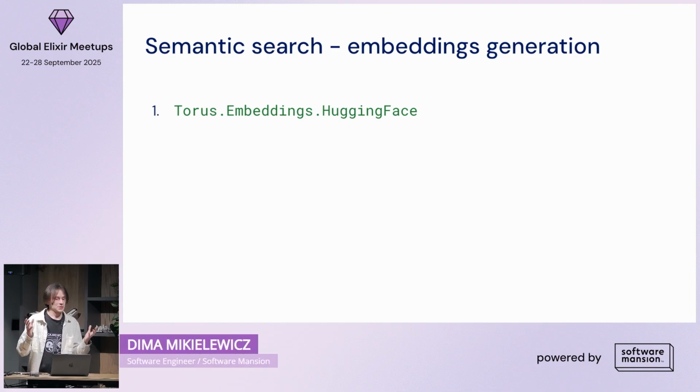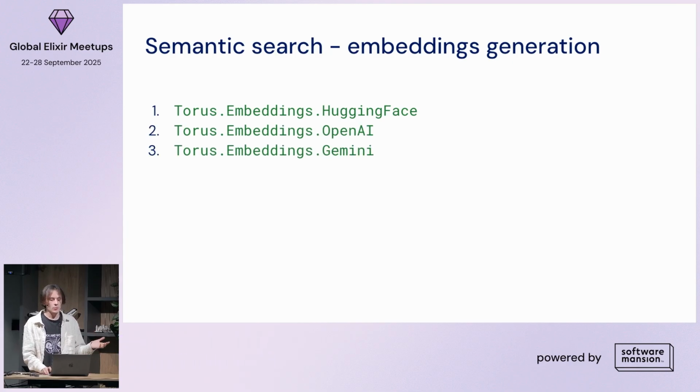One of the options might be to use some third-party APIs, for example, Hugging Face, OpenAI, Gemini. For all these three, it is really easy because Torus already has modules to do that. You only provide the keys, and Torus will generate the embedding for you and will create an API to do that.